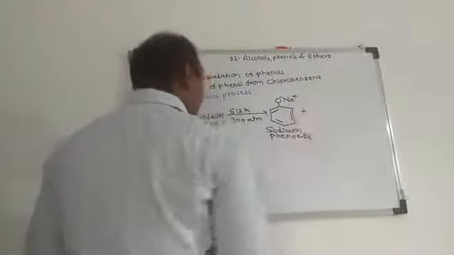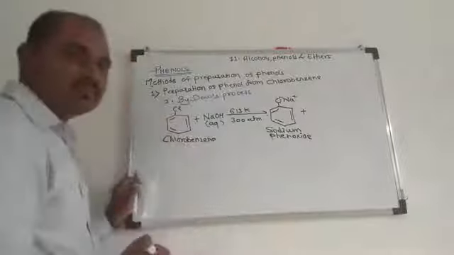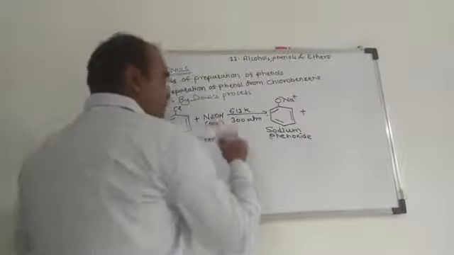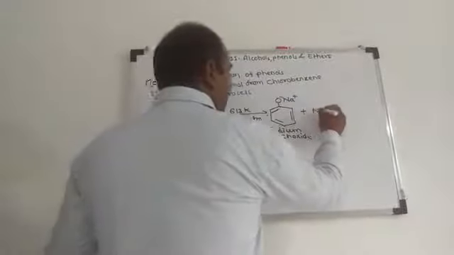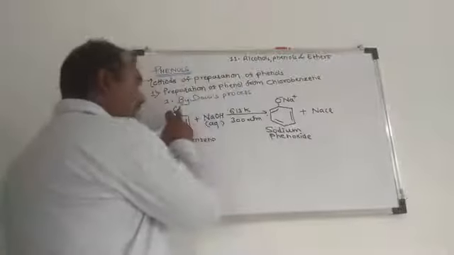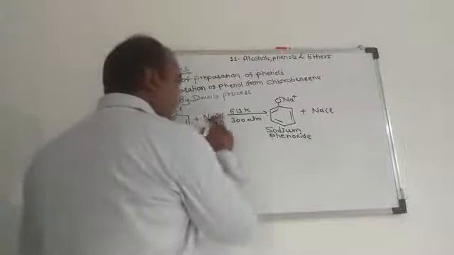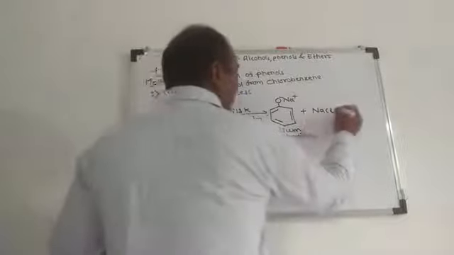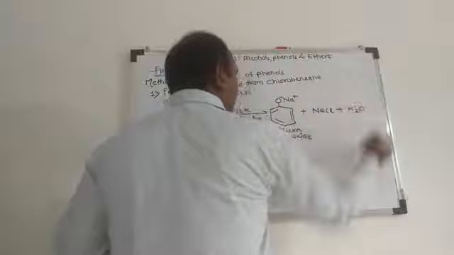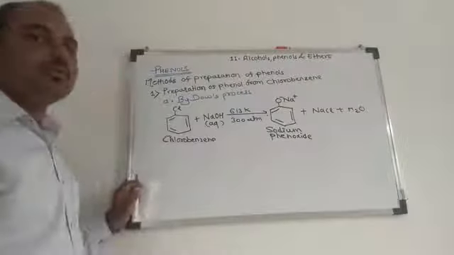Now what is the byproduct here? The Na combines with the Cl, so you will get NaCl, and one molecule of water.